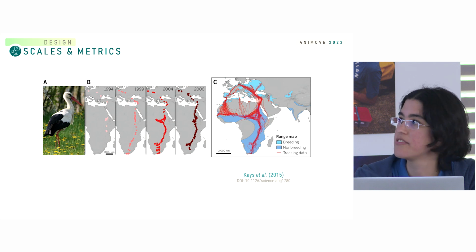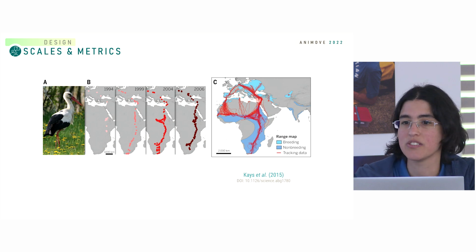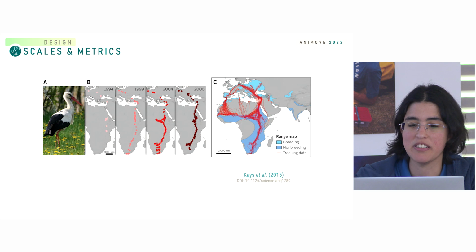This is just an example from a lifetime tracked stork. It was tracked from 1994 to 2006, so a good sample of what this animal was doing. But you're not going to have this every time, really detailed long-term data for a specific individual.